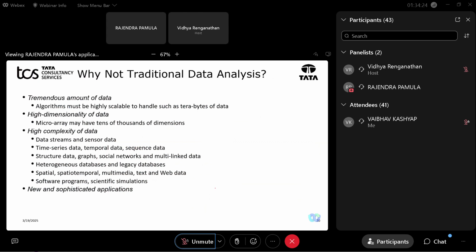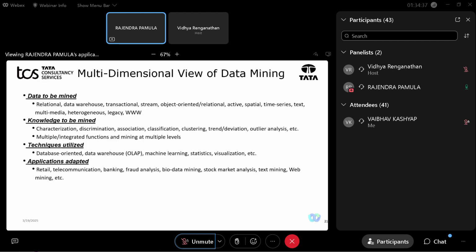We cannot use traditional data analysis because current data contains high dimensional data, highly complex data, and huge data, so the traditional method will not do. And data mining deals with different types of data.